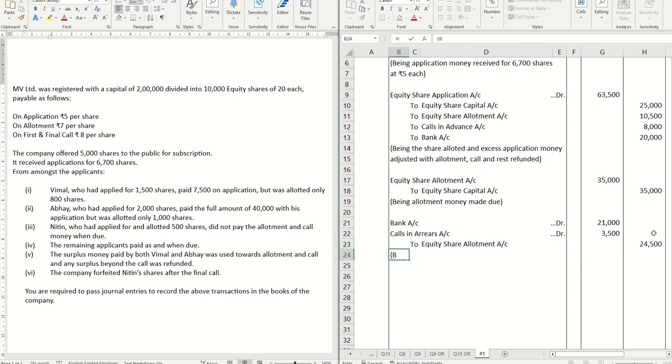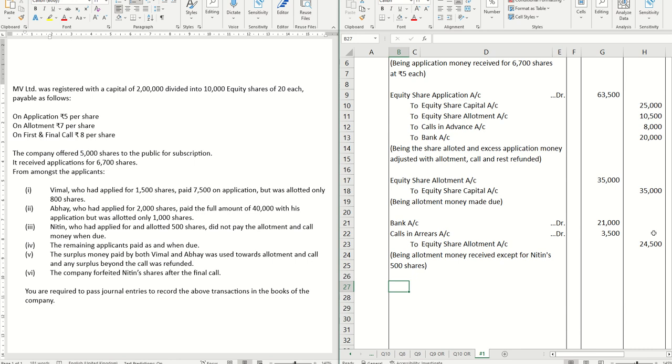Let's write the narration. Being allotment money received except for Nitin's 500 shares.